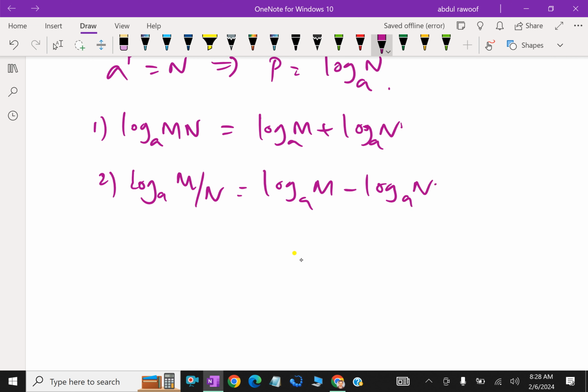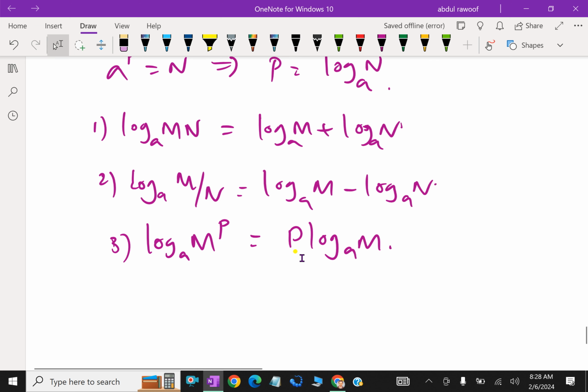Then third, log base A of m power p gives p into log of m base A. These are some interesting facts about numbers.